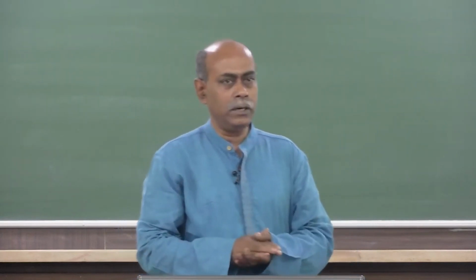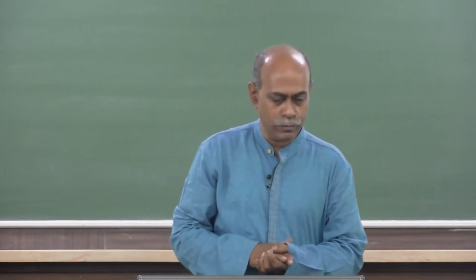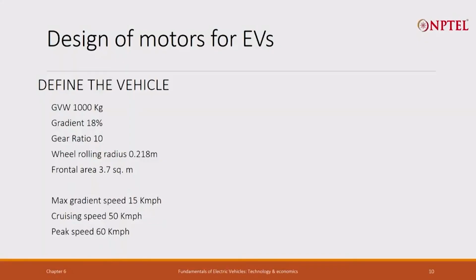So this is a vehicle which can have a load of up to 1000 kilograms GVW. Anybody knows what GVW means? What is GVW? Yeah, gross vehicle weight. Gross vehicle weight includes the weight of the vehicle and all the people and the luggage that is in it.